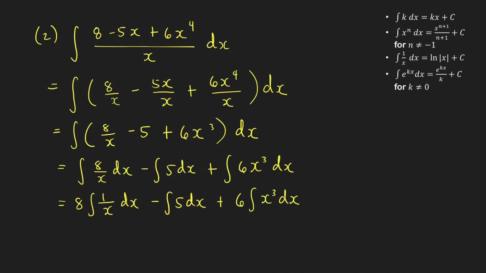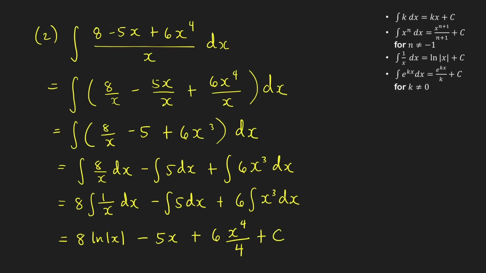Now we use these rules here to evaluate these three integrals. So we have 8 times the integral of 1 over x dx, which is just equal to ln of the absolute value of x, minus the integral of 5 dx, which is just equal to 5x, plus 6 times the power rule: add 1 to the power divided by the new power, and then plus c.